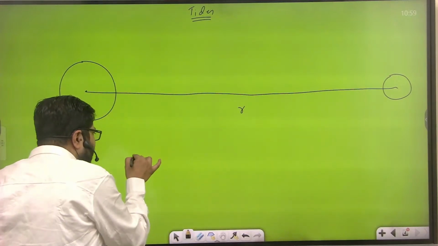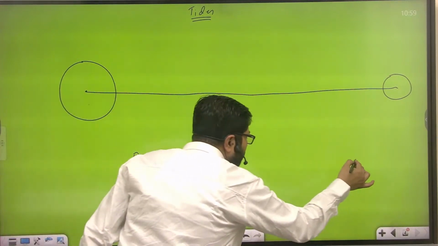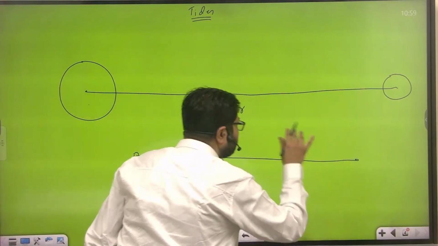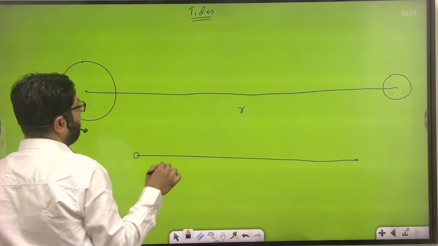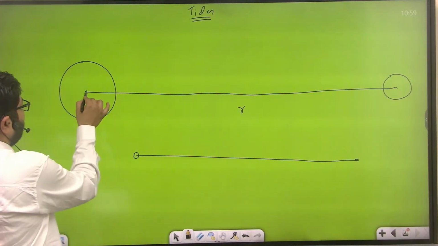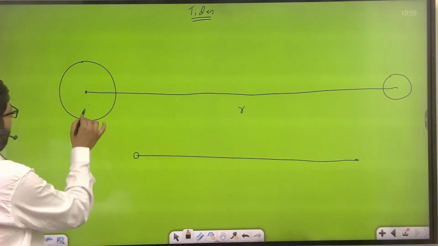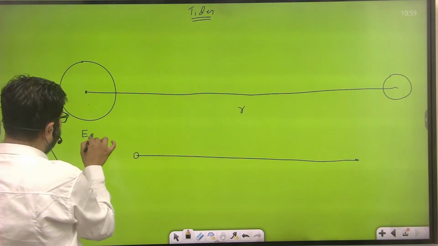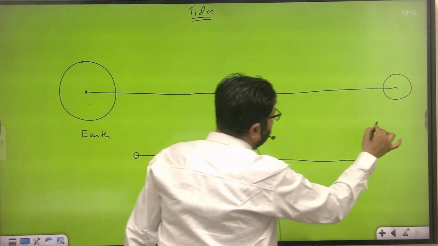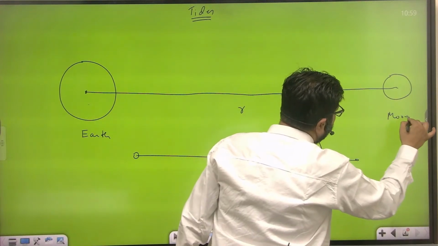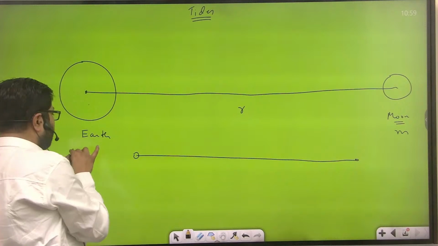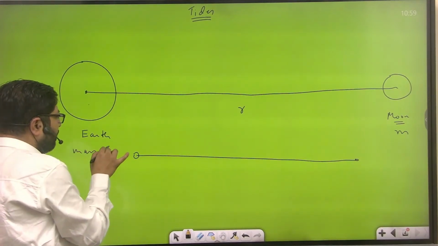This is the distance from Earth center to Moon center. He presumed the mass of Moon to be m, and he took the mass of Earth to be unity.